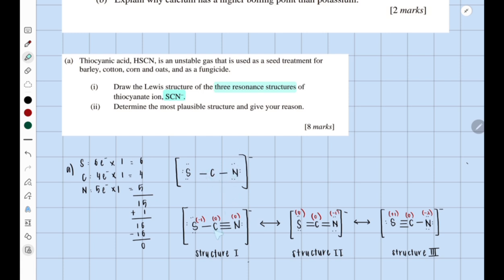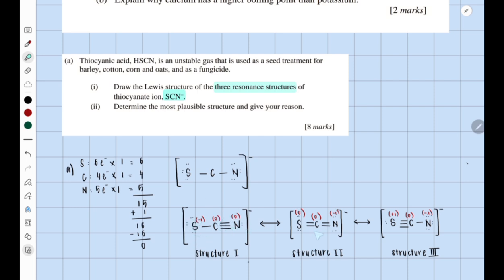So let's do structure 1. Structure 1 has a single bond between the sulfur and the carbon and a triple bond between the carbon and the nitrogen. Sulfur has 3 lone pairs, 1, 2, 3, and the nitrogen has just 1. This is structure 1.